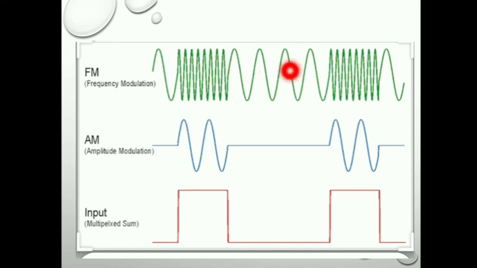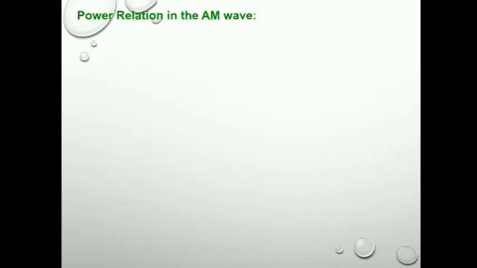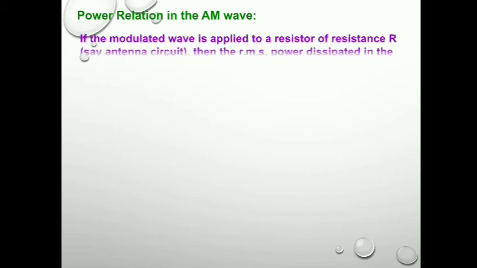The remaining amplitude and phase do not change. Now come to amplitude modulation. Only the amplitude of the carrier wave changes; the frequency and phase do not change. Now, power relation in amplitude modulated wave.